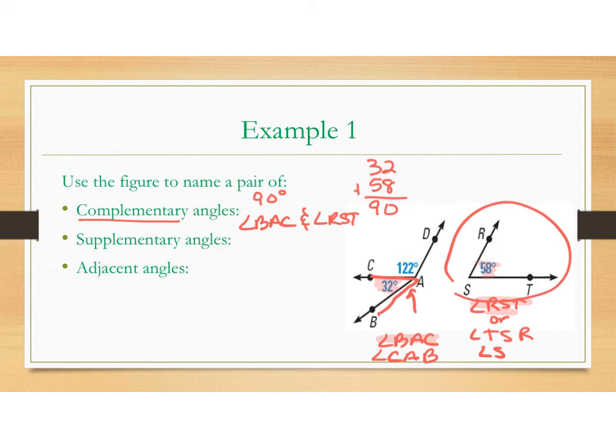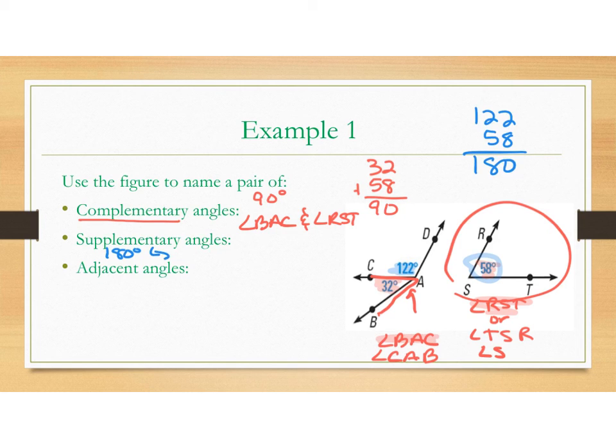Okay, for the supplements, we're looking for two angles that when we add them give us 180 degrees. So here, again, I'm going to use the 122 this time, and I'm going to add it to the 58. Because if I do 122 plus 58, I get 180.